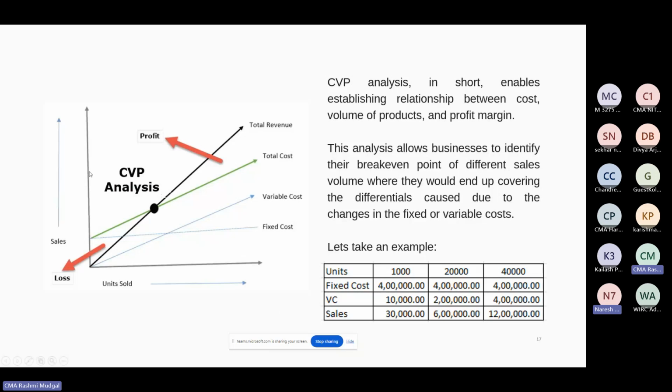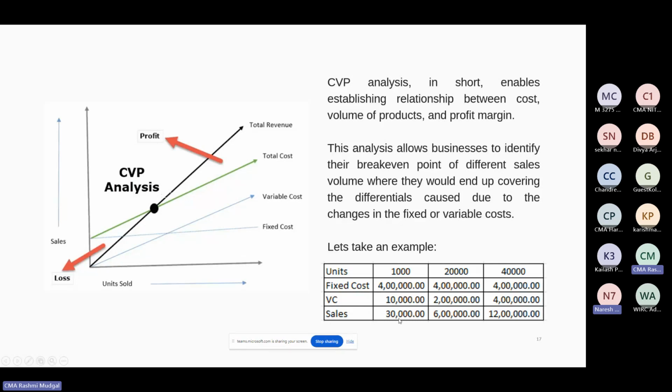I can show you an example where fixed cost is 4 lakh. Even if I'm producing 10,000, 20,000 or 40,000 products, my fixed cost will remain the same. But in variable costing, there is 1 lakh, 2 lakh, and 4 lakh.